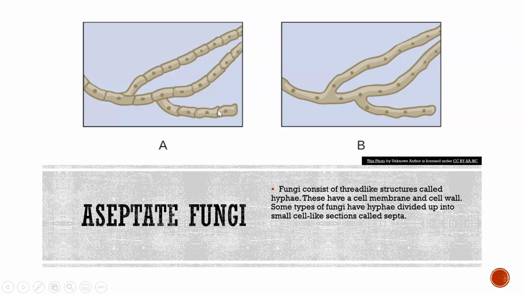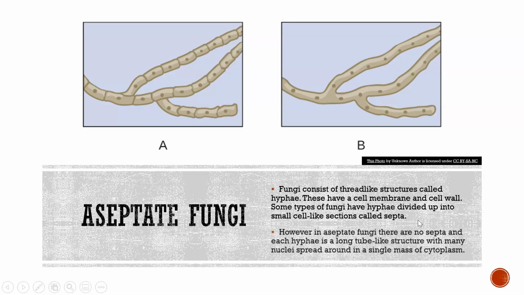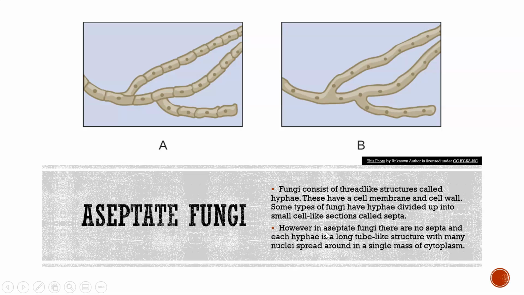These are called septa. In our aseptate fungi, so this is the one we're focusing on, there are no septa. So this B is the one that we're looking at without the septa, where the nuclei are spread throughout the one mass of cytoplasm.